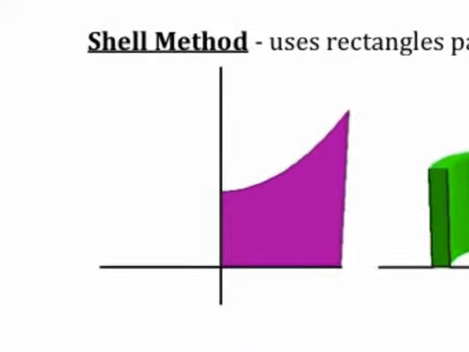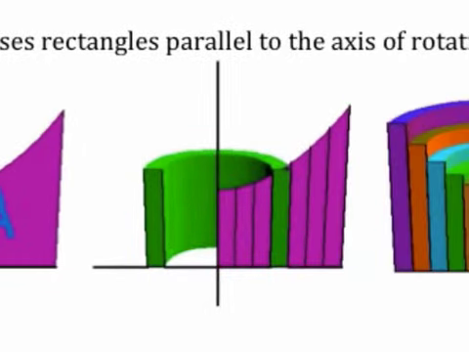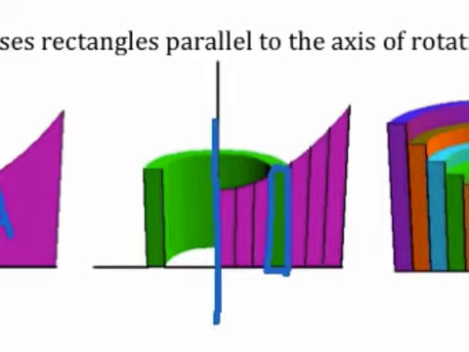So what we're going to try to do is take this area right in here and rotate it around this axis right here, so a vertical axis. And so what we get now is we're going to take a rectangle that is parallel to the axis of rotation right here, and then we're actually going to rotate that all the way around.